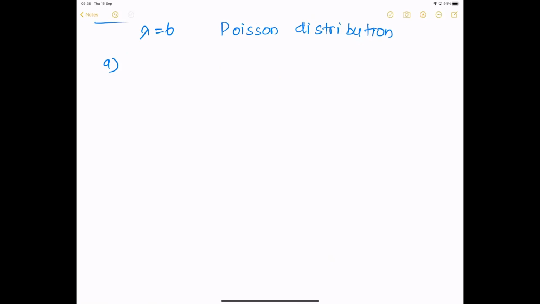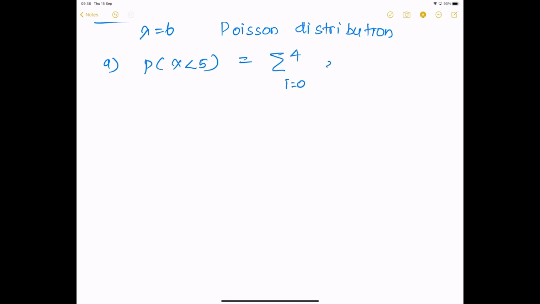Fewer. What is the meaning of fewer? That is less than 5. So you can write it as P(X less than 5).